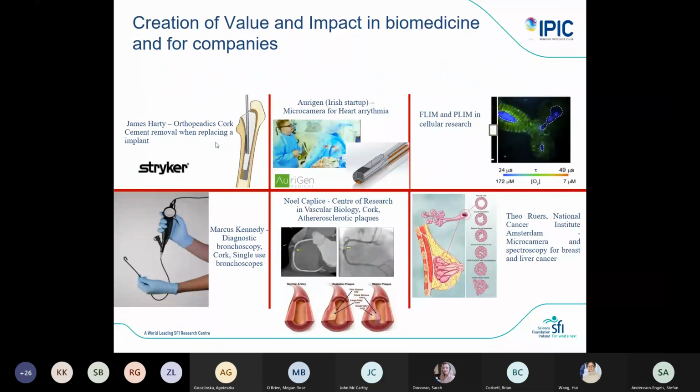And from the biophotonics side, we are working with a number of collaborators to really see where we can apply that. We are working, as you see, in bone surgery, in the heart, from different angles here, in microscopy, in breast cancer research, and in lung cancer diagnostics for bronchoscopes.